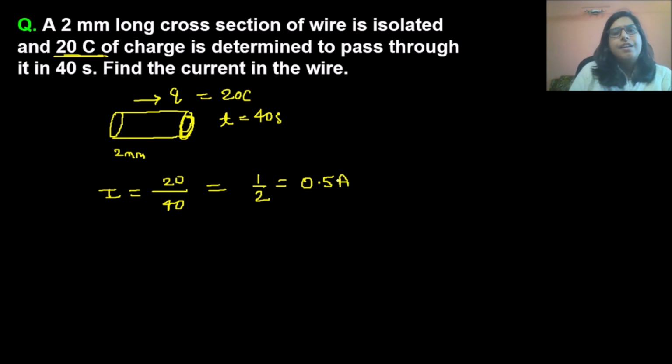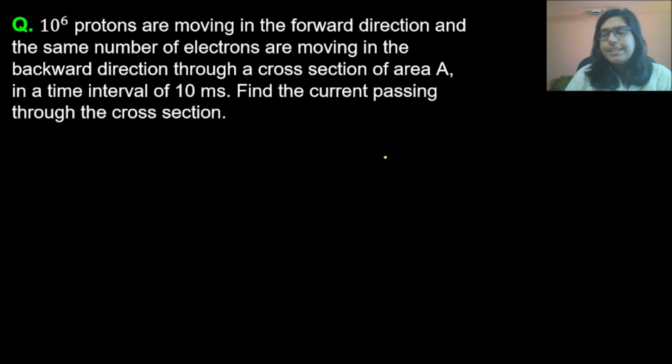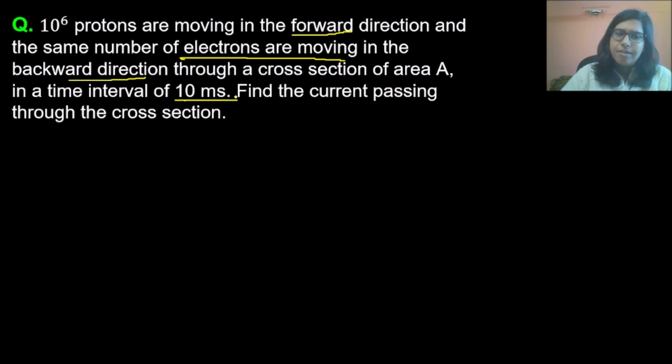Now in this question we are given 10 raised to power 6 protons moving in the forward direction and the same number of electrons moving in the backward direction through a cross section of area A in a time interval of 10 milliseconds. Find the current passing through the cross section.